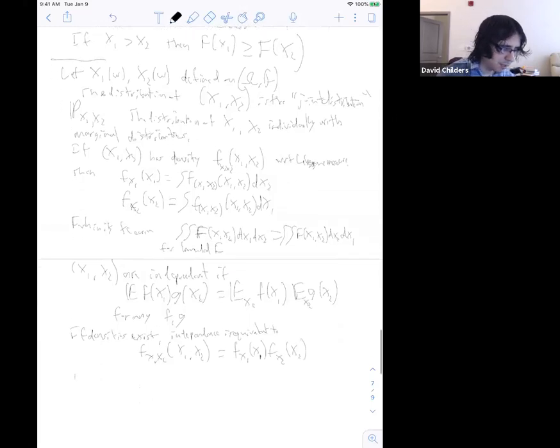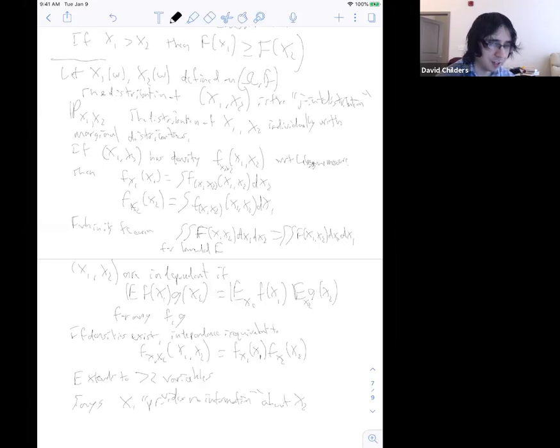So this extends to more than 2 variables. And the interpretation is that x1 provides no information about x2 or vice versa.